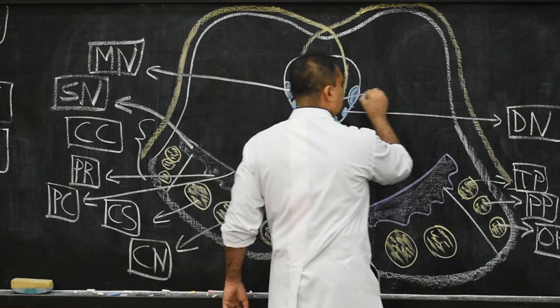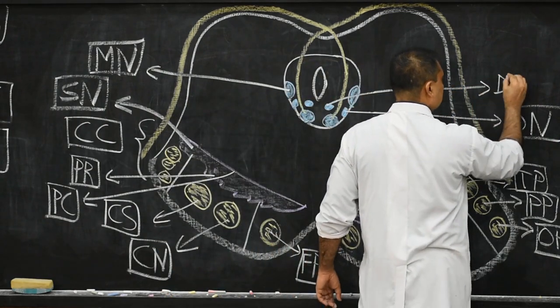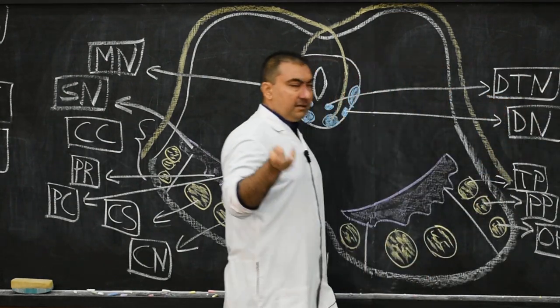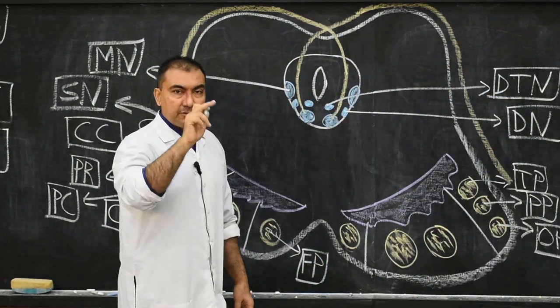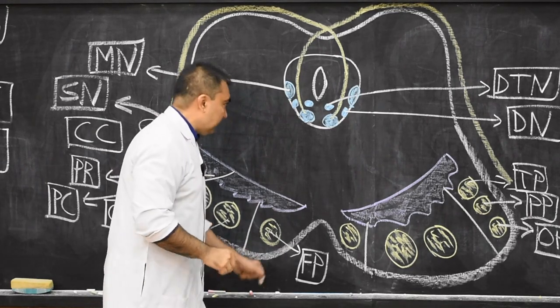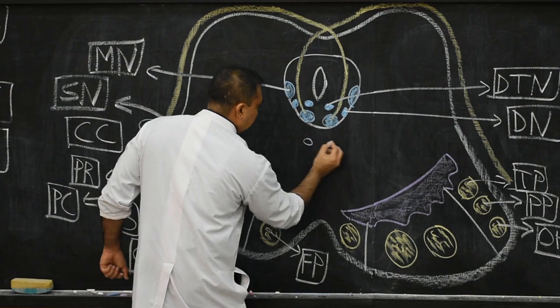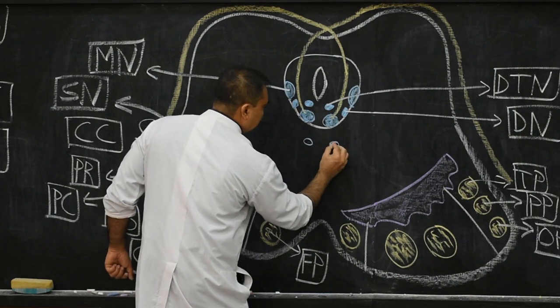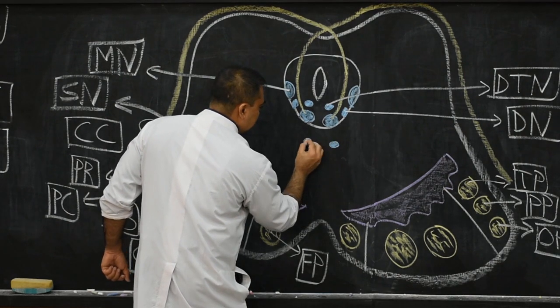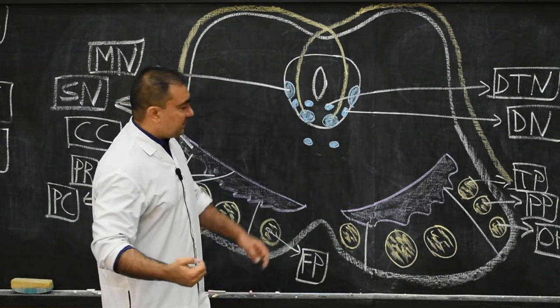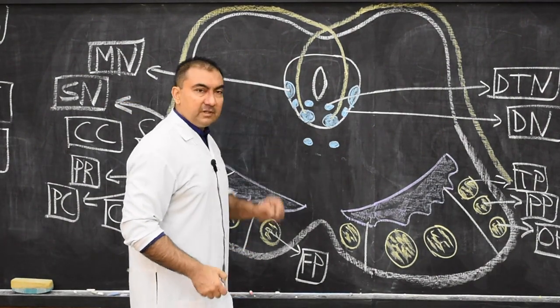And if dorsal tegmental nucleus is present, that means there will be presence of ventral tegmental nucleus also. And that ventral tegmental nucleus will be present exactly here in this way, and it will be present just outside the gray matter. Ventral tegmental nucleus is outside the gray matter, ventral to medial longitudinal fasciculus.